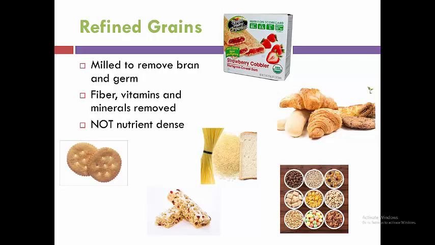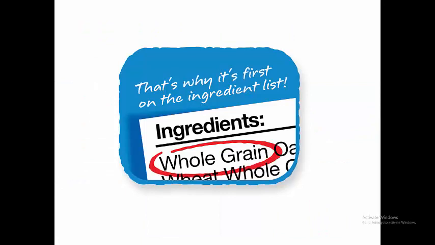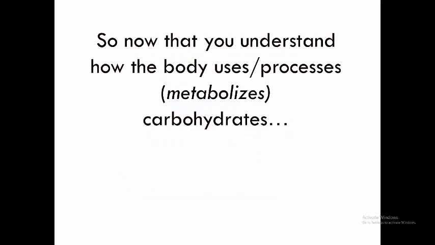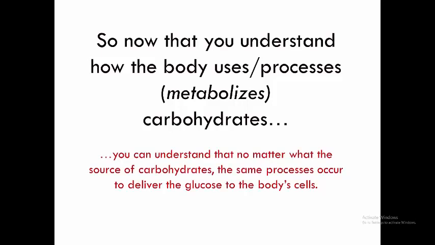Back to what nature provided, 100% whole grains. So when you're looking on the ingredients list, the first word should be whole, and there shouldn't be very many ingredients, period.